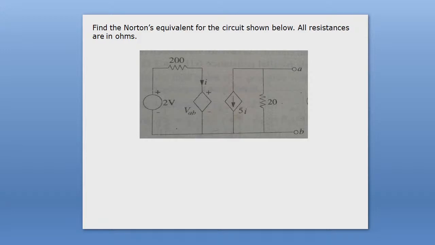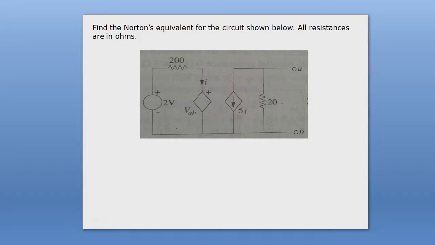Among these three, one is an independent voltage source, another one is a dependent voltage source, and the third one is a dependent current source. 5I is a dependent current source, VAB is a current dependent voltage source, and 2 volt is an independent voltage source. Now you draw the equivalent Norton circuit.